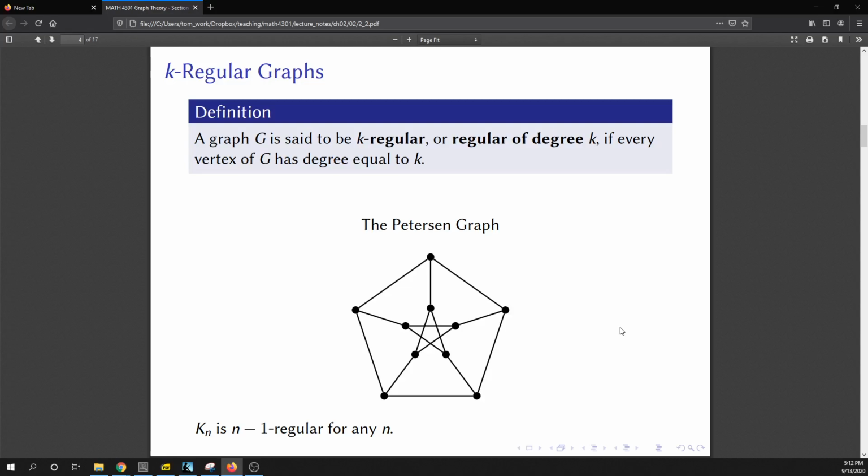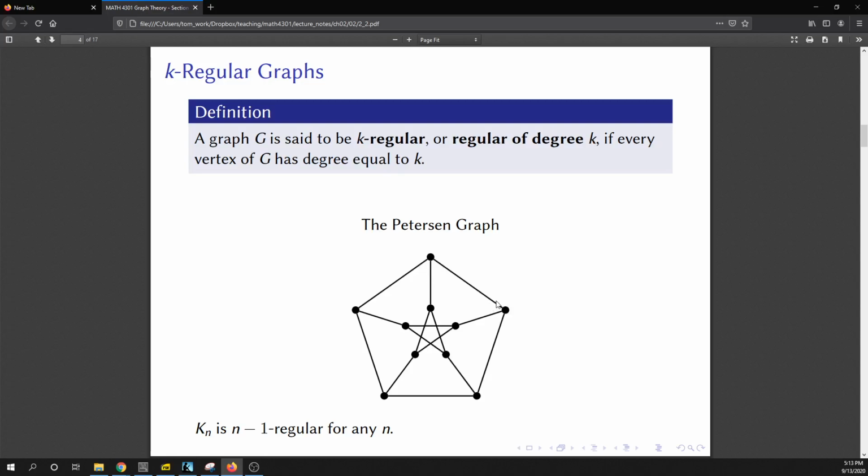A k-regular graph is a graph that has vertex degree all equal to the number k. Actually, that's not the definition that I was talking about, but we will be talking about this later. So this graph right here, the Petersen graph, is an example of a 3-regular graph.